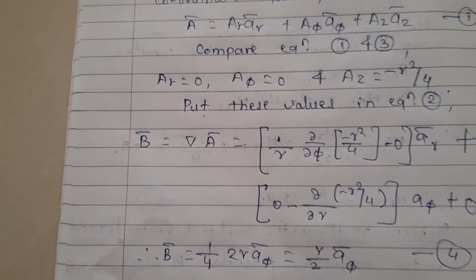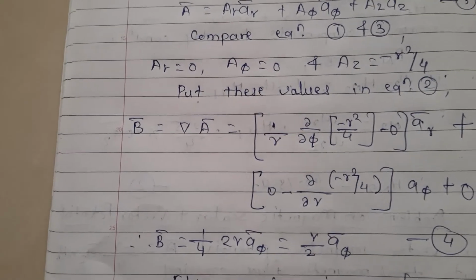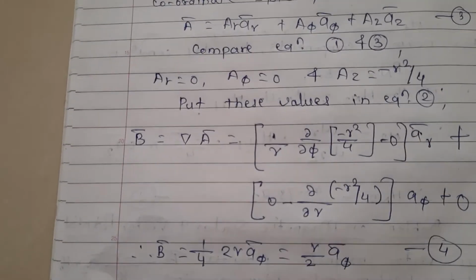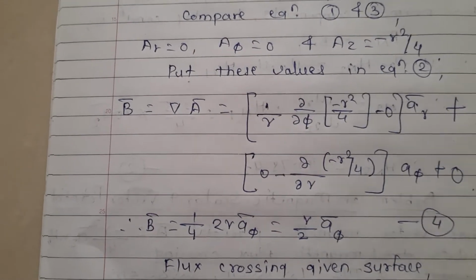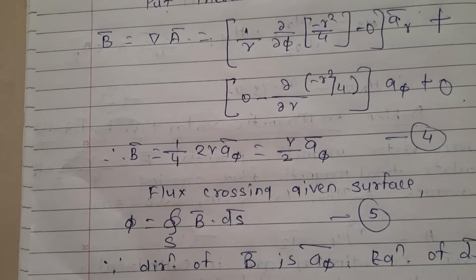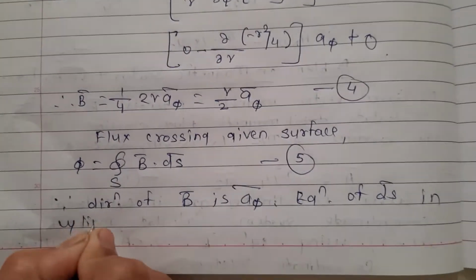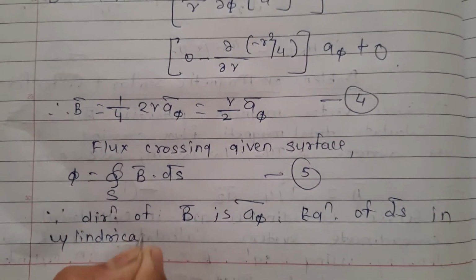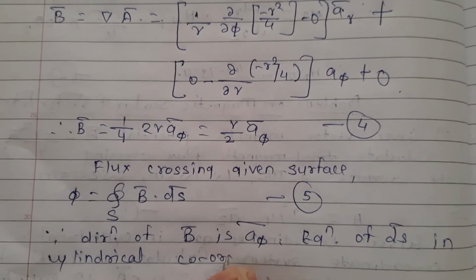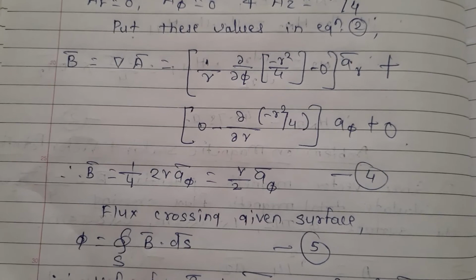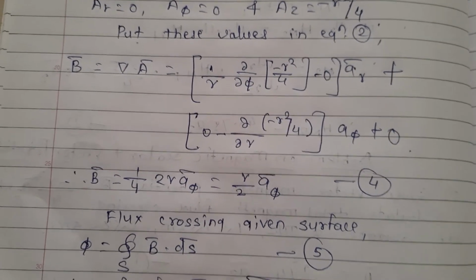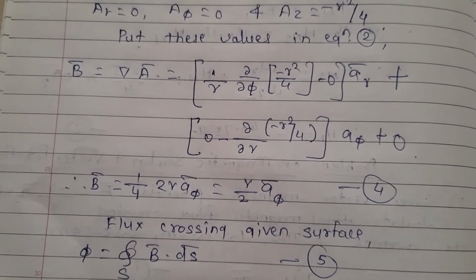Since the direction of B bar is A phi bar, the equation of ds bar in cylindrical coordinate system is ds bar is equal to dr dz A phi bar.